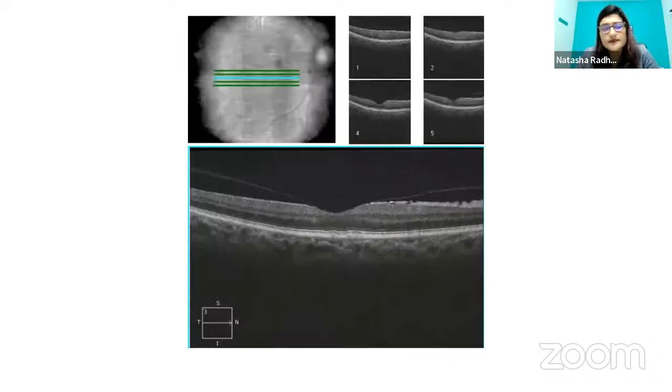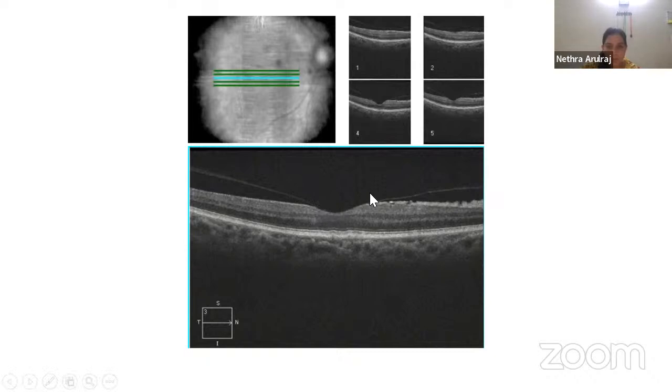The next case. This is the OCT of the right eye showing a vitreomacular adhesion with a normal foveal contour. The reason why I'm calling it a vitreomacular adhesion is because there's only partial vitreous detachment and there is an elevation of the cortical vitreous above the retinal surface.